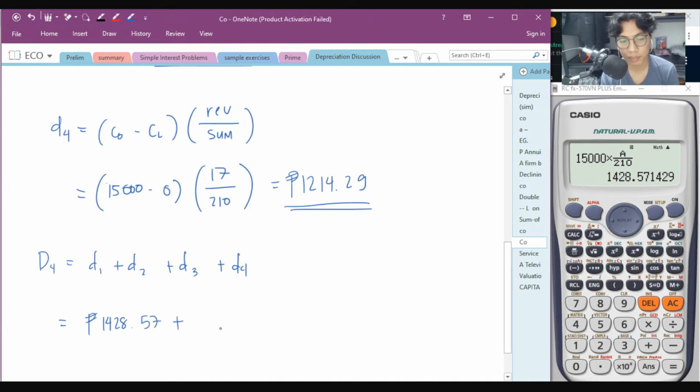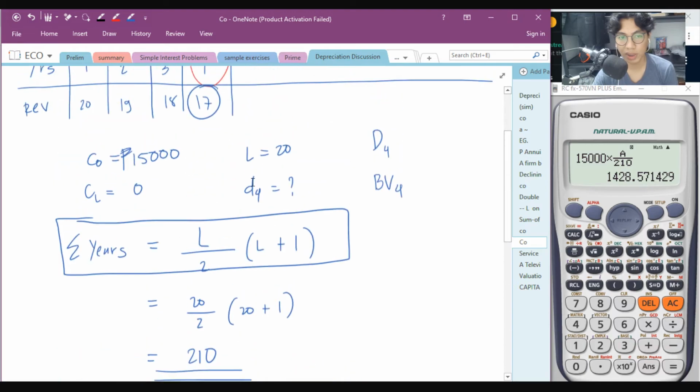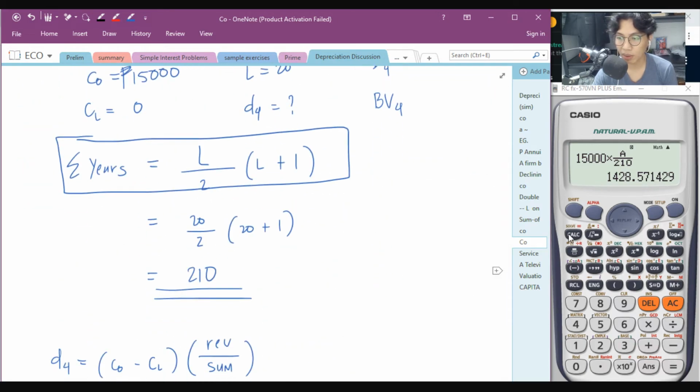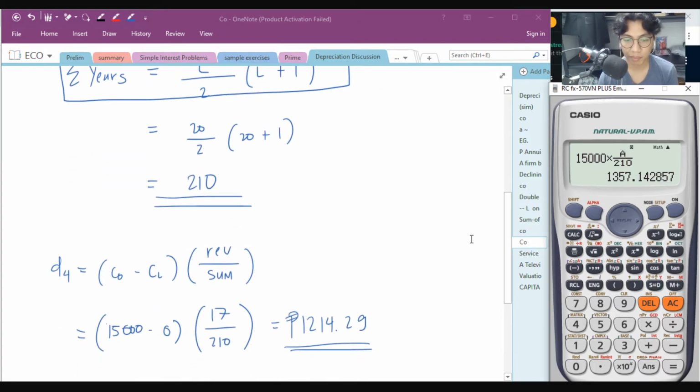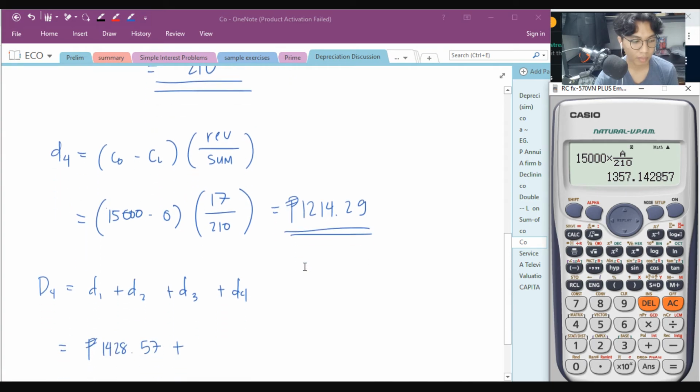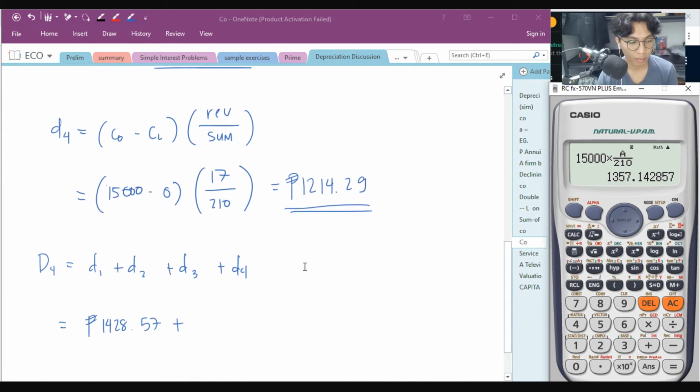Plus D2, the reverse digit of 2 is 19: 1357.14.